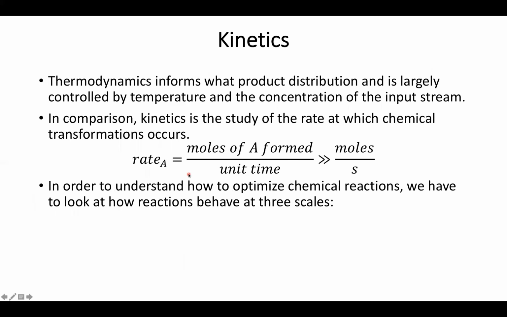Now, if we're going to be making use of our examination of rates, one of the other things we have to be very aware of is that the rates of reaction depend highly upon what scale I'm looking at the reaction. And this is going to seriously modify how we try and control how the reaction occurs.